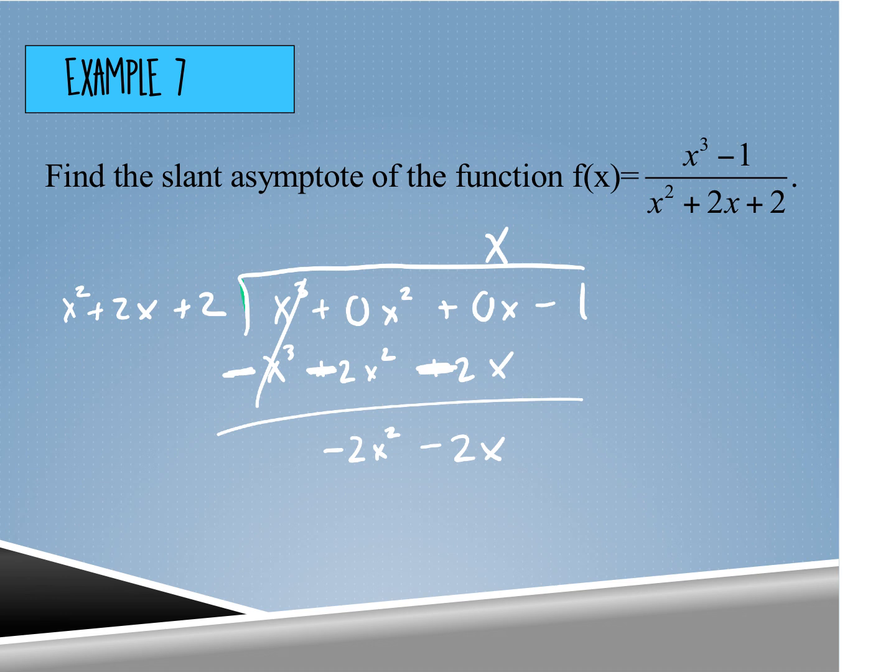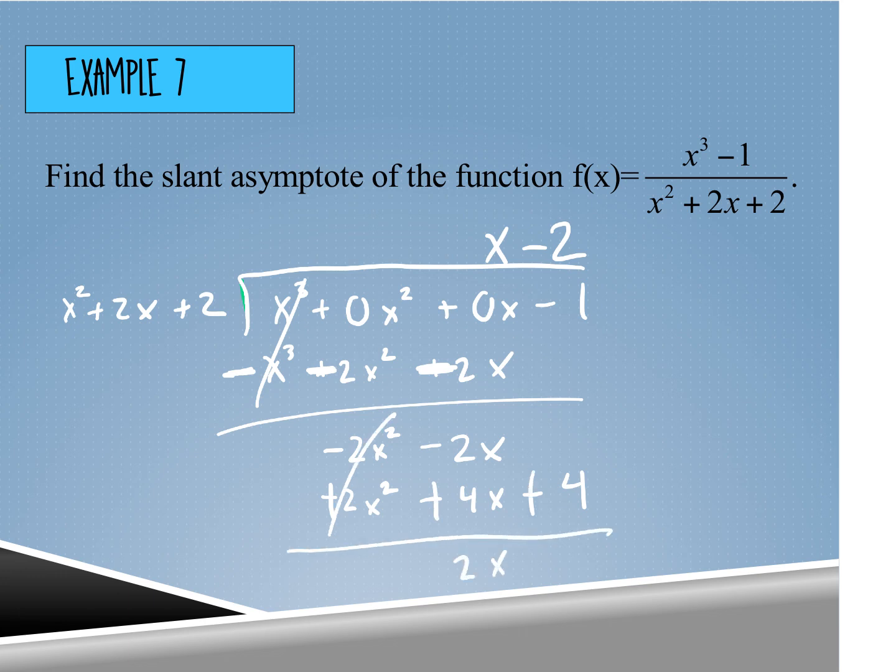So what times x squared gives us negative 2x squared? Minus 2. Then we multiply. Negative 2x squared. Negative 2 times 2x would be negative 4x minus 4. Change a sign, change a sign, change a sign. These cancel.